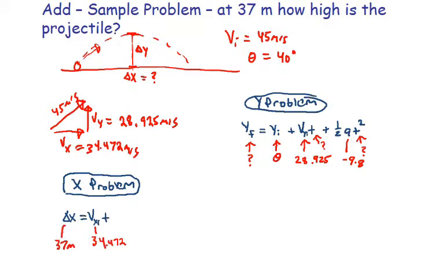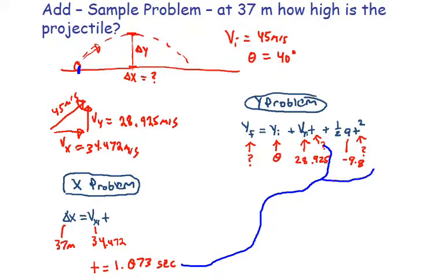So when we do that, we know the displacement we need in the x is 37. We know the initial x velocity. So it turns out after 1.073 seconds, it is 37 meters from the original position, which is right here. And then with that time, we can place that into here and here, and then determine what height it will be.